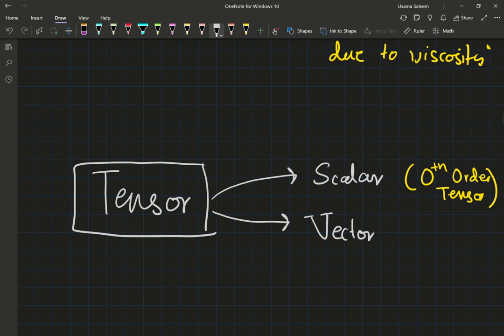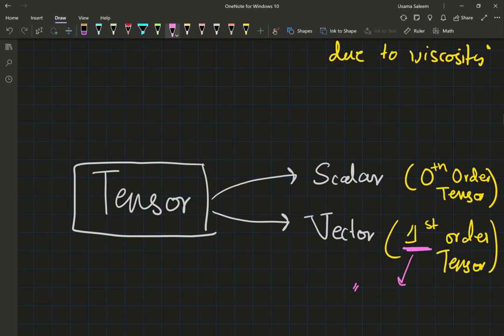A vector is a first order tensor. Why is a vector a first order tensor? Well, you need one direction. You need one arrow. You need one direction to specify a vector. And zeroth order means no direction needed.